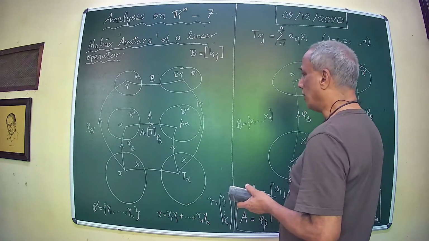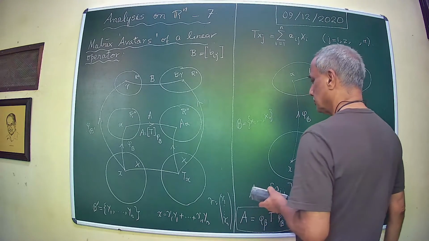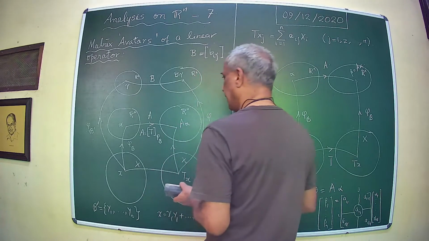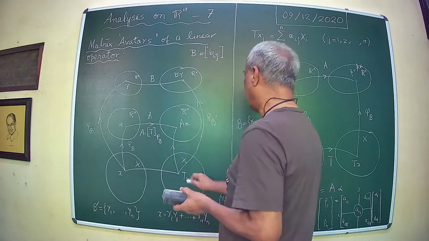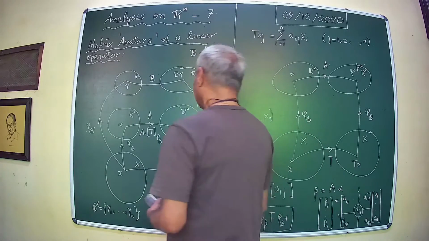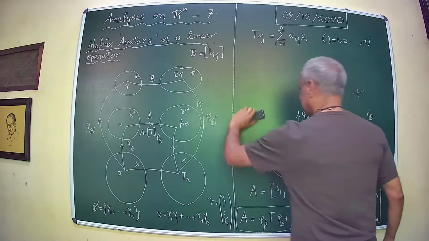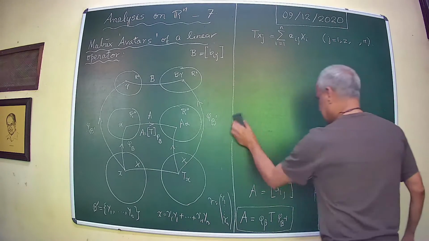So B gamma is the image of Tx under phi b prime. So phi b prime maps this. So let me just do all these things and put across all these ideas.